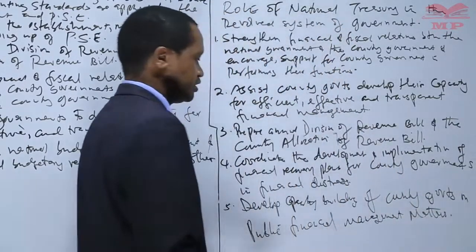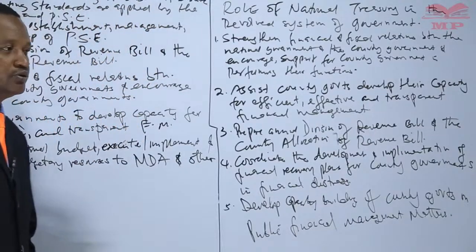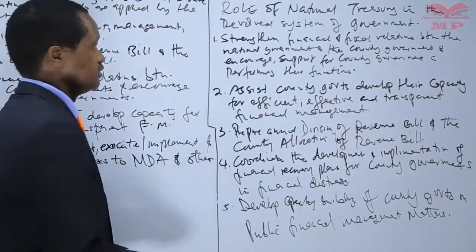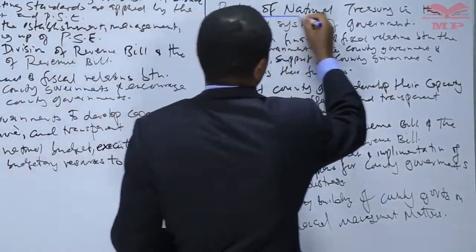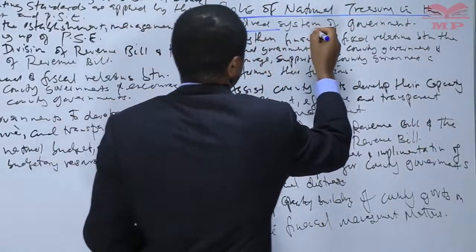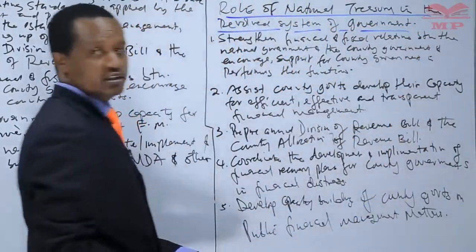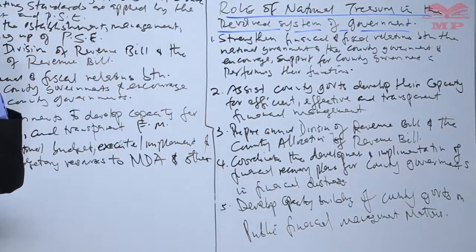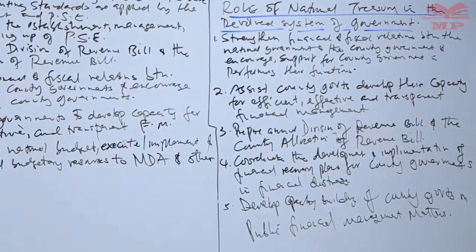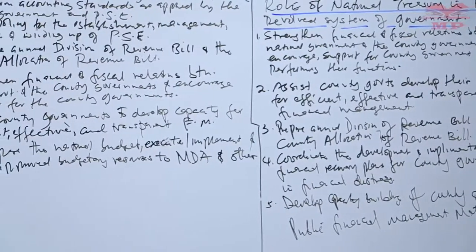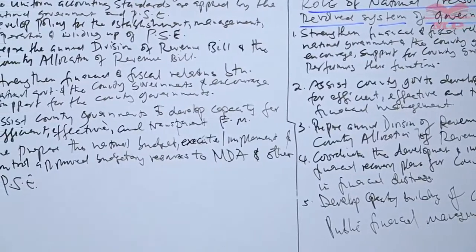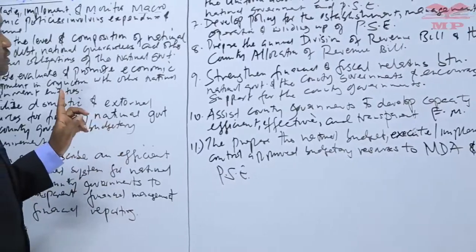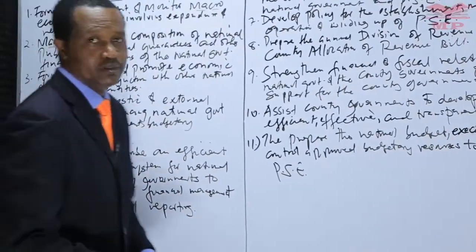So these are the roles of the National Treasury in the devolved system of government. Candidates, if you are preparing for exams, make sure you record this in your memory for easy retrieval. Here we have the roles of the National Treasury as mandated by law. The National Treasury is mandated by law to perform these functions and responsibilities.